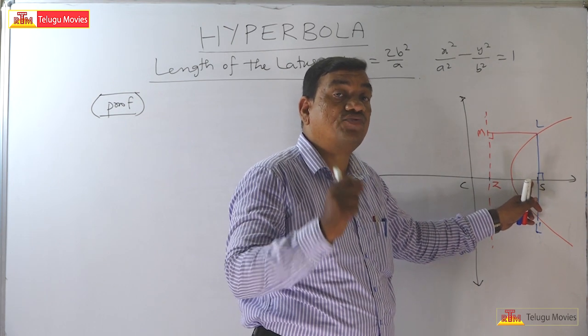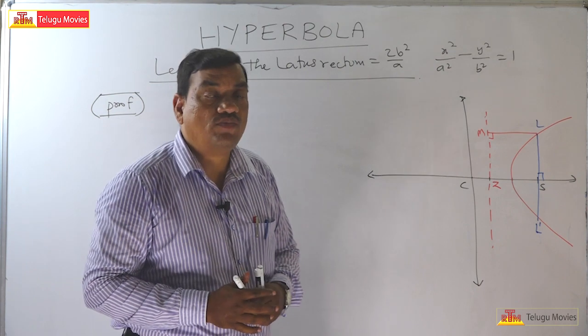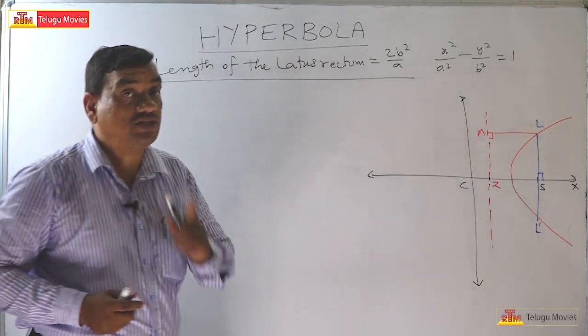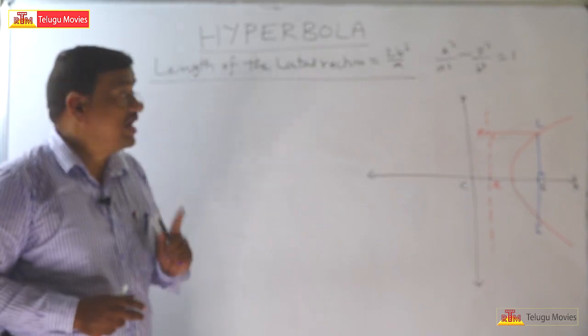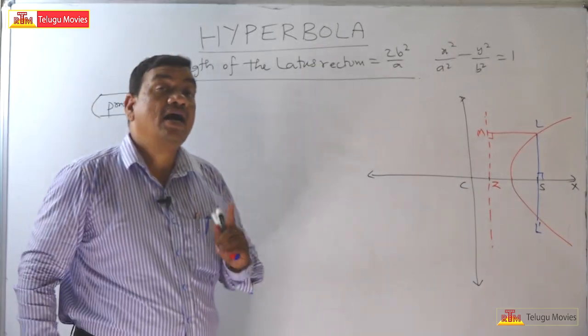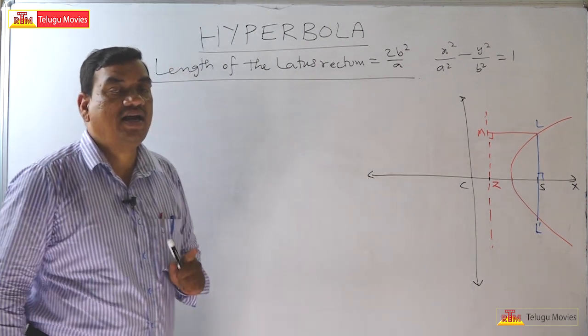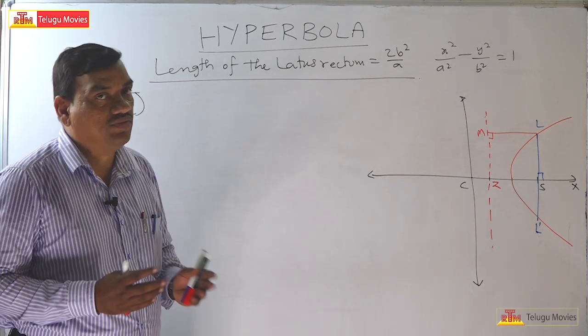Latus rectum is a focal chord which is perpendicular to the axis of the hyperbola. So, this is the axis of the hyperbola. That is one definition. Another definition is, latus rectum is a double ordinate passing through the focus of the hyperbola.